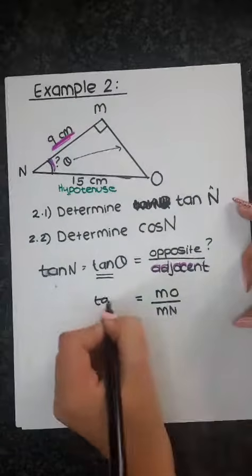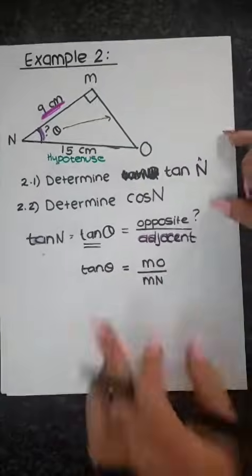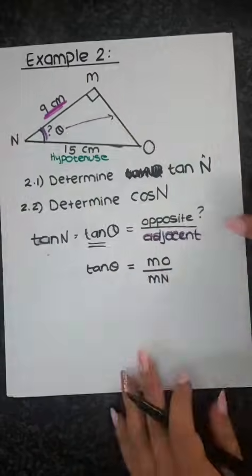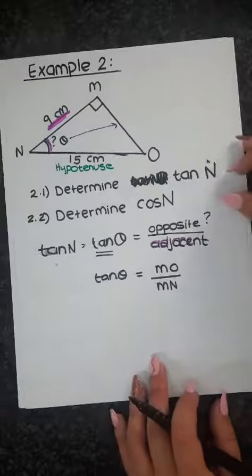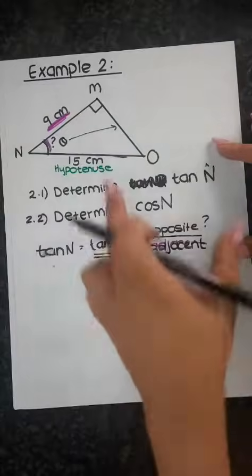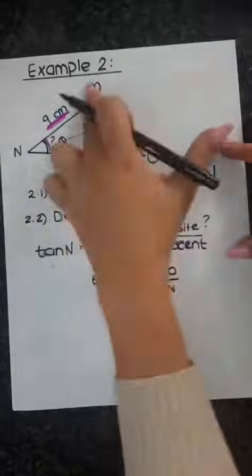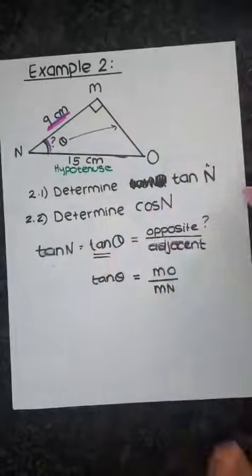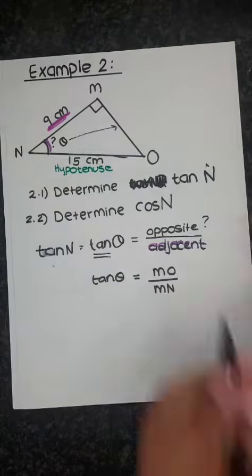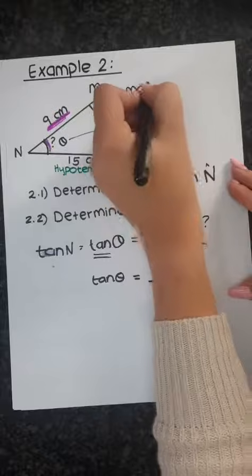I can fill that in. This isn't a necessary step, but what I want to show you is we don't know MO. How do I calculate MO? Do I have a right angle triangle? Yes, I do. I have two sides, two lengths. So can I find MO? 100%. I can use the theorem of Pythagoras. I'm looking for MO.